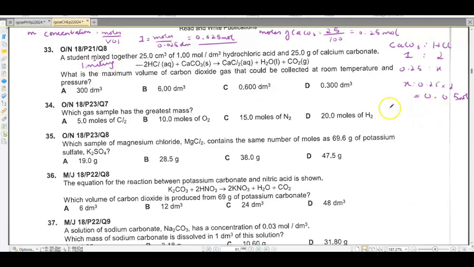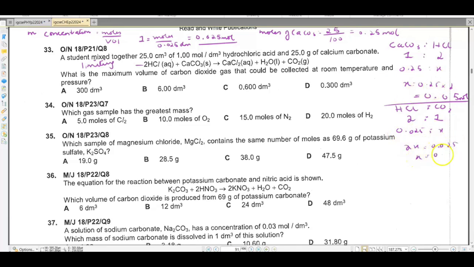Okay? So what we are going to do now is find the number of moles of CO2 using the number of moles of HCl. Okay? So HCl and CO2. HCl was 2 and CO2 over here is 1. And HCl had 0.025 and this has X. So 2X is equal to 0.025.